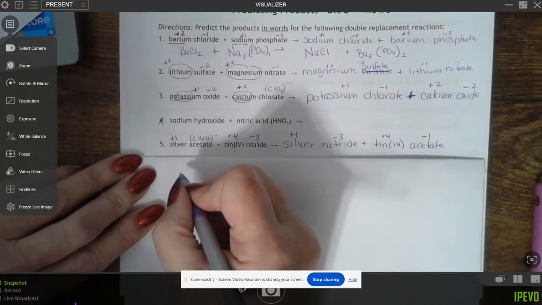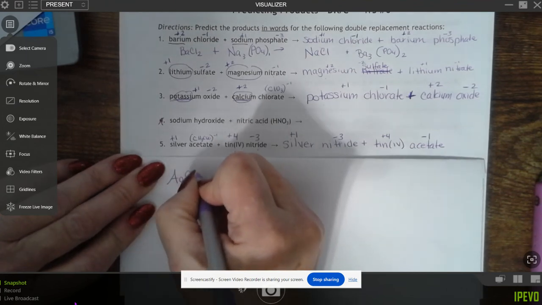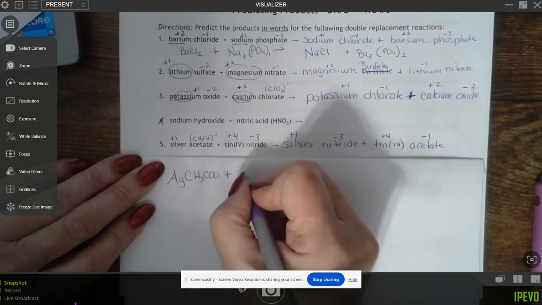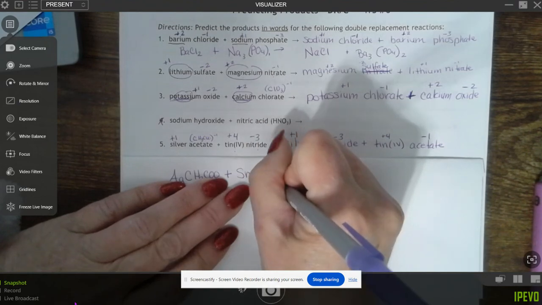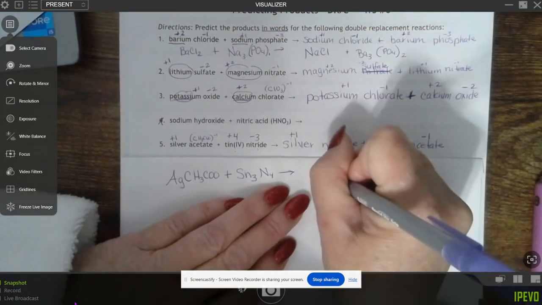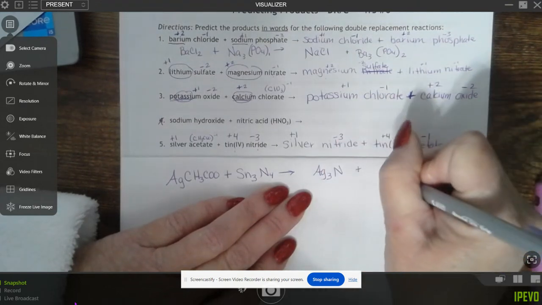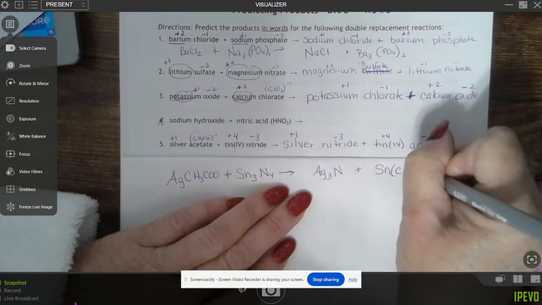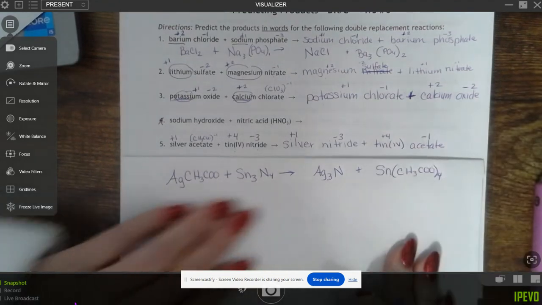So I end up with AgCH3COO plus Sn3N4 produces Ag3N plus Sn(CH3COO)4.